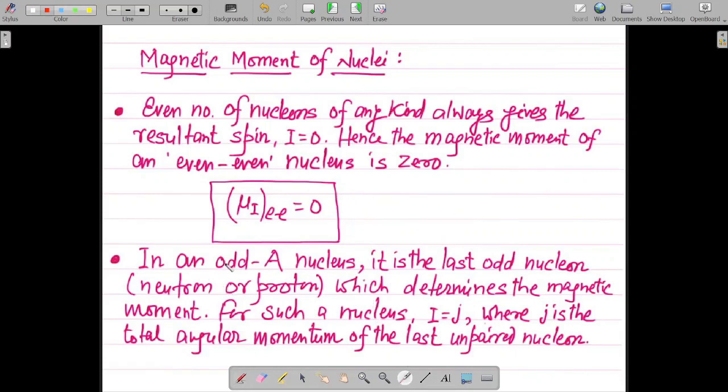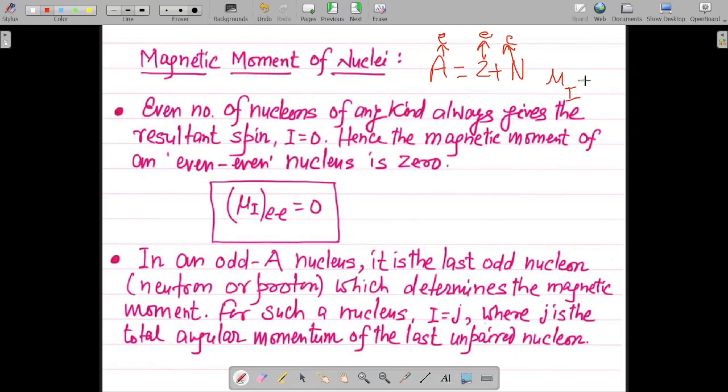Now, in an odd A nucleus, what happens when the atomic mass number A is odd? This was the case when A was even. That was the first case, where Z was even and N was even, so everything was even, and mu I was equal to 0 in such a case.